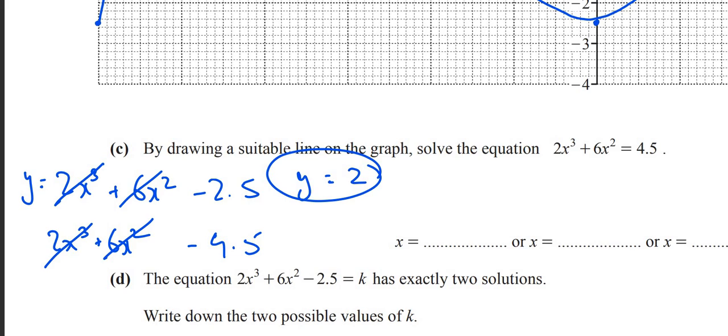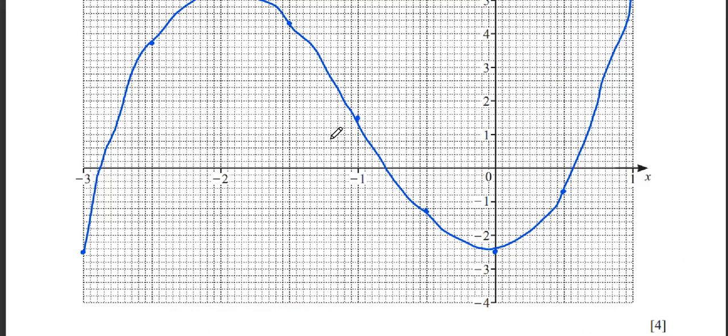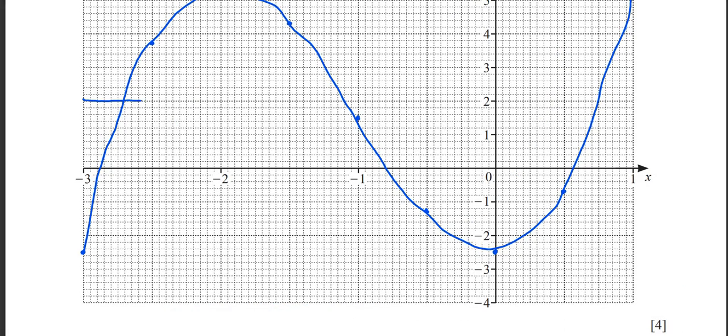All right, so now what do you have to do? You guys have to make a line at y equals 2 like this. Make sure you guys make a straight line. And I have made a mistake again. Let me try to make a straight line for you guys. And these points are basically going to be your answers.